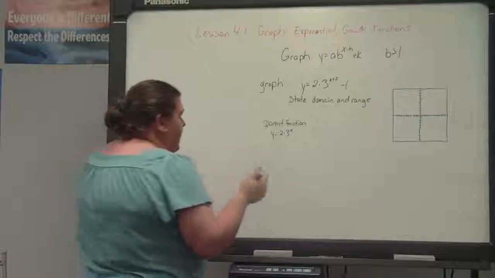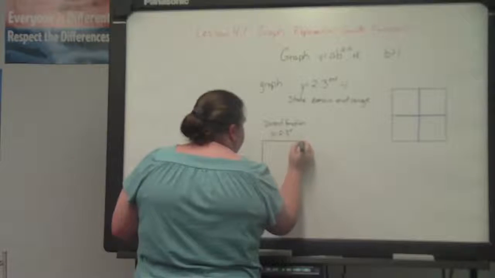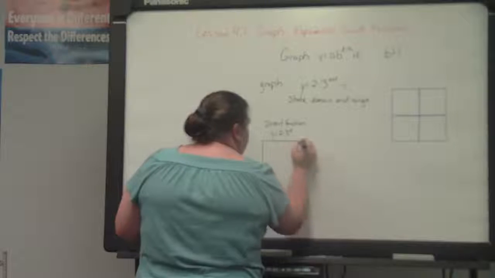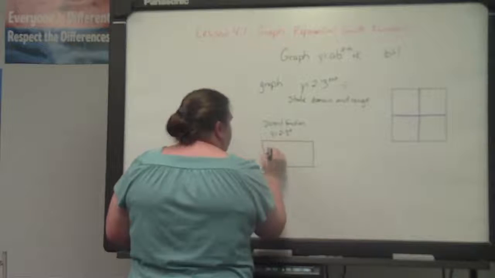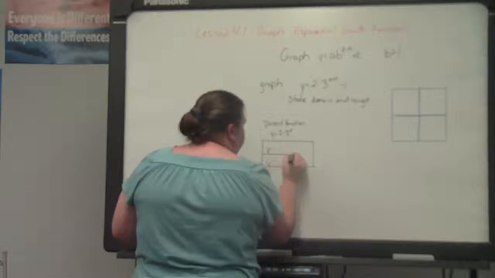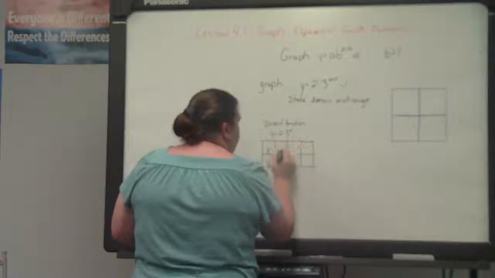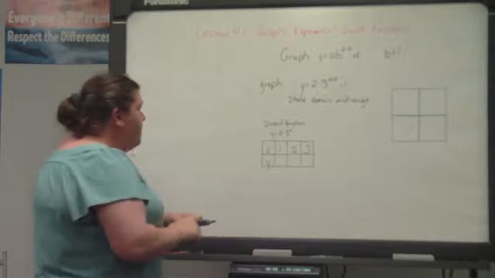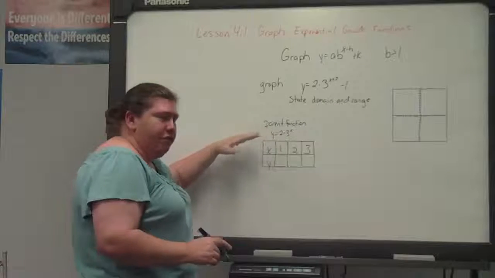So, graphing this, I'm going to go ahead and make my XY table. And this time, I'm going to use 1, 2, and 3. So again, what I want to do is solve my parent function.